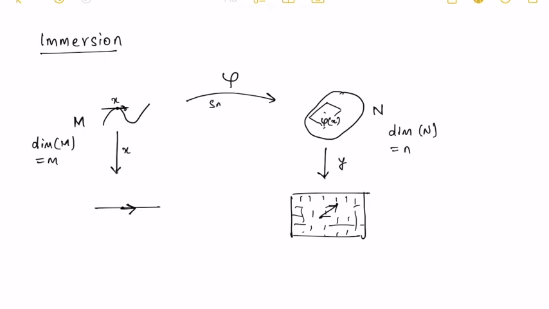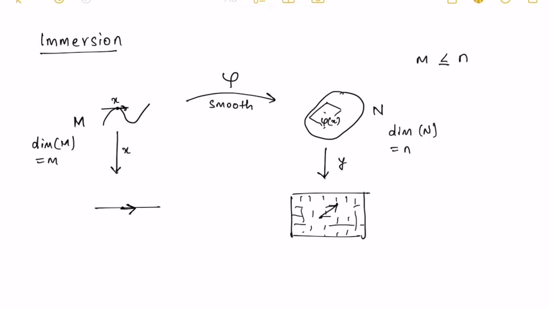Let's say that this mapping function is smooth between the manifold M and the manifold N. Now, let's assume that the dimension of the source manifold capital M is less than or equal to the target manifold of the mapping function N.